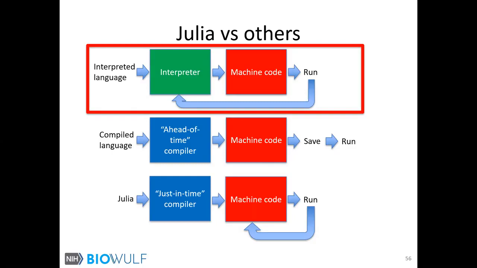So the advantage of this model is that you don't need to wait very long for your script to start running. It runs almost immediately. The disadvantage is that it has to do it line by line. So when you're running one line, you have no visibility over what happened before that line or what is going to happen after.